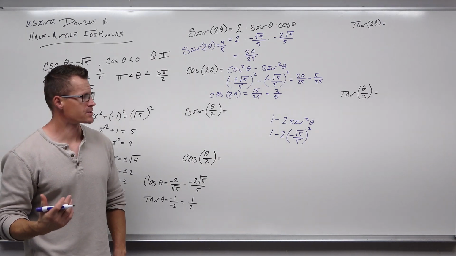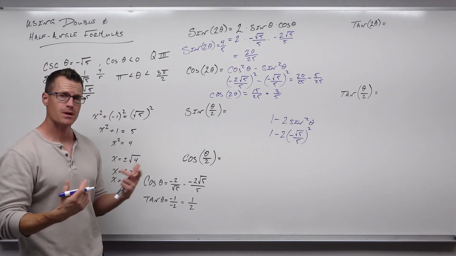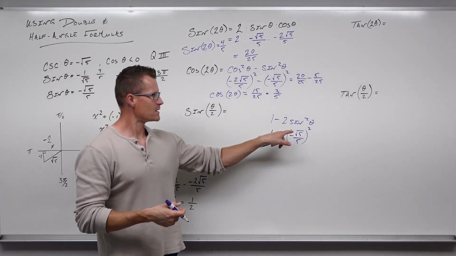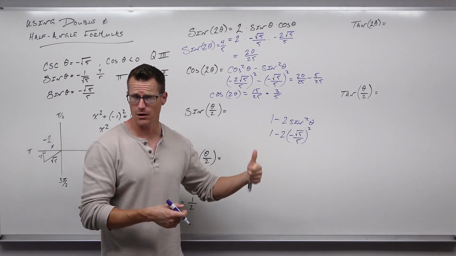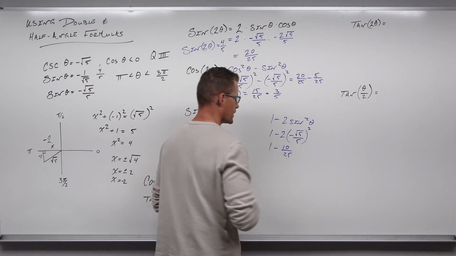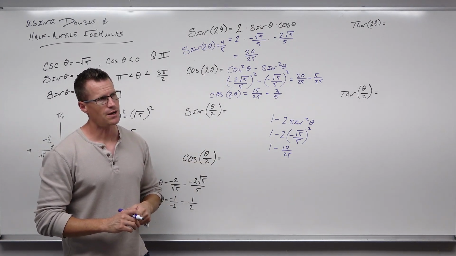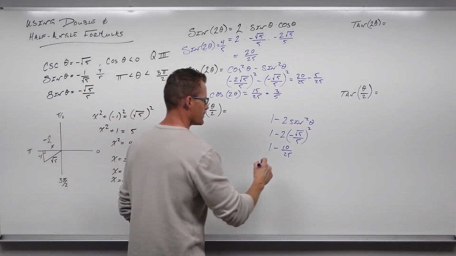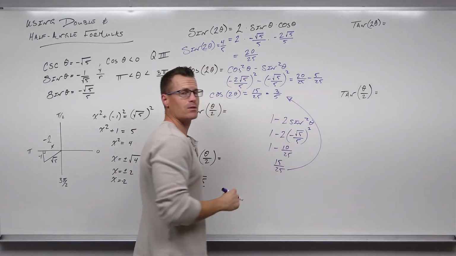So that's 1 minus 2 times negative square root 5 over 5. That's sine theta. It's quantity squared. Well, that's going to give us positive 5 over 25. Times 2, that would be positive 10 over 25. So 25 over 25 minus 10 over 25 gives us 15 over 25. That's exactly what we get there.